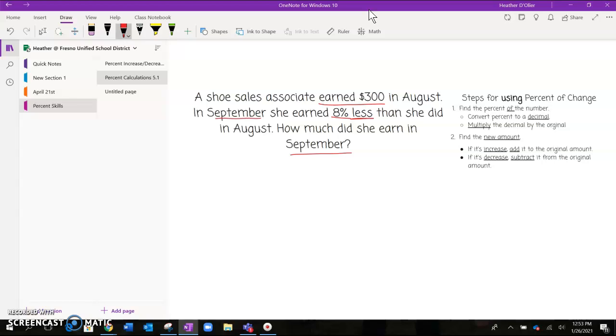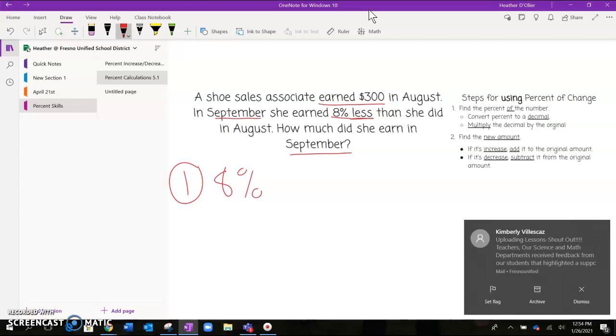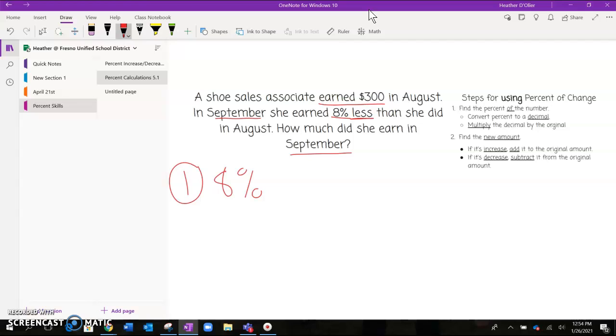So now I'm going to follow my steps. Step 1 says, find the percent of the number. So I need to convert my percent to a decimal. All right, I've got 8% here. I know that when I convert a percent to a decimal, I move the decimal 2 times to the left.